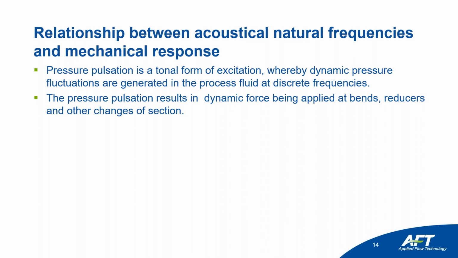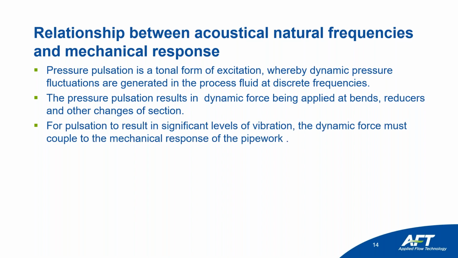These forces can be very high, shaking the whole system, and it can be dangerous because it can cause fatigue in the system. For pulsation to result in significant levels of vibration, the dynamic force must couple to the mechanical response of the pipe network.